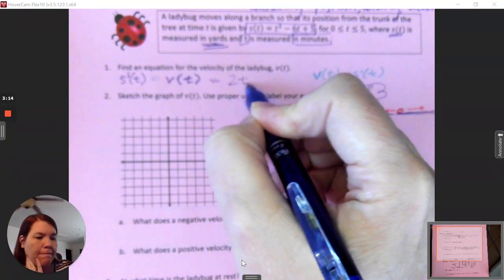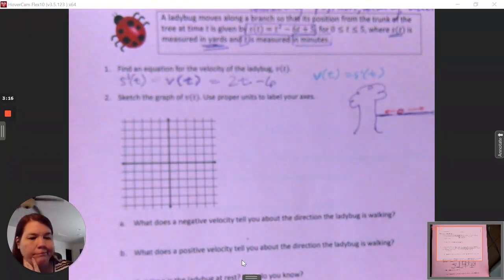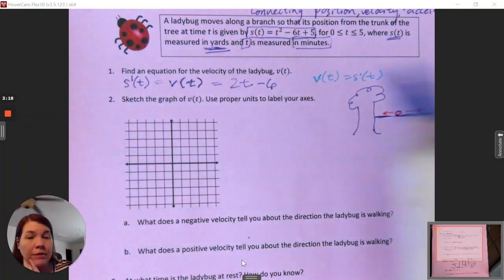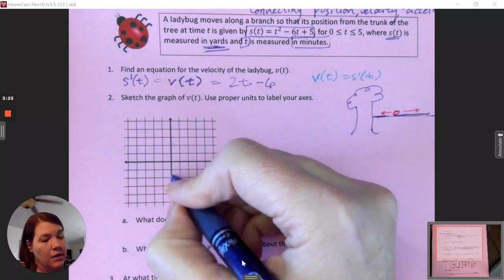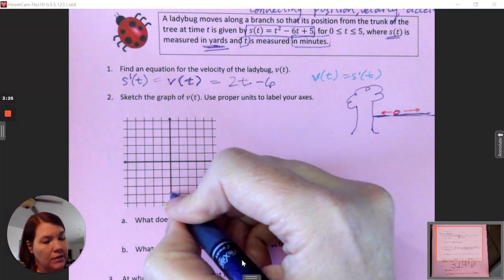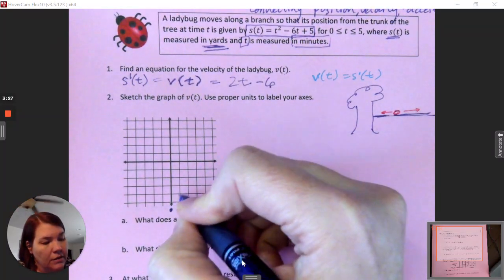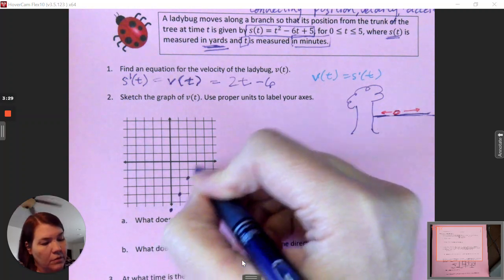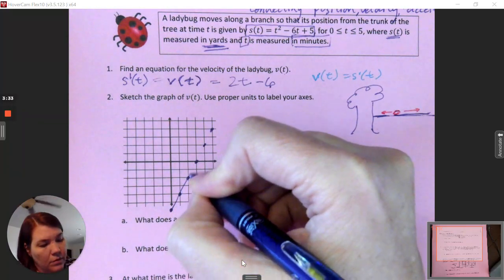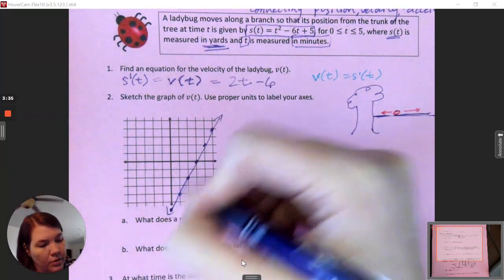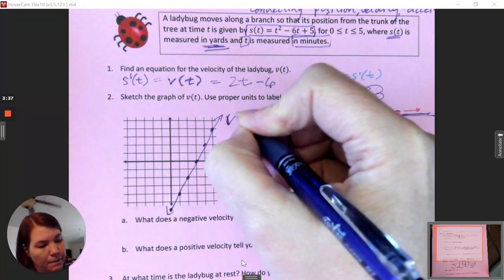So I've got 2t minus 6. No big deal. Sketch the graph of v of t. Use proper units to label your axes. So my y-intercept is negative 6, which is right here, with a slope of 2. And there's a picture of v of t.